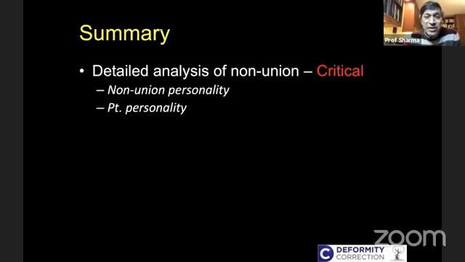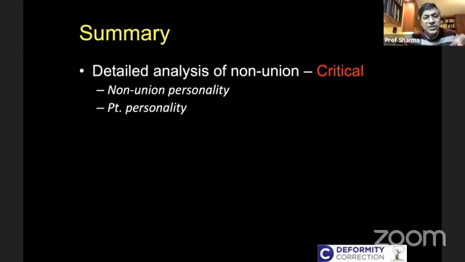So to summarize, I would suggest that analysis of the non-union is more important, assessing the non-union personality and the patient personality, without having any fixed ideas. Depending on what the non-union is like, what the patient is like, and what the patient needs and expects, then decide the treatment.